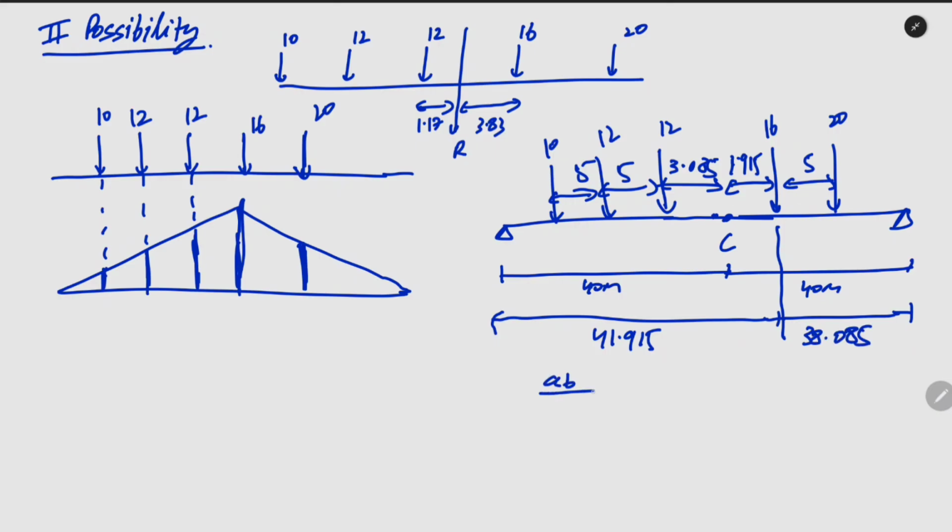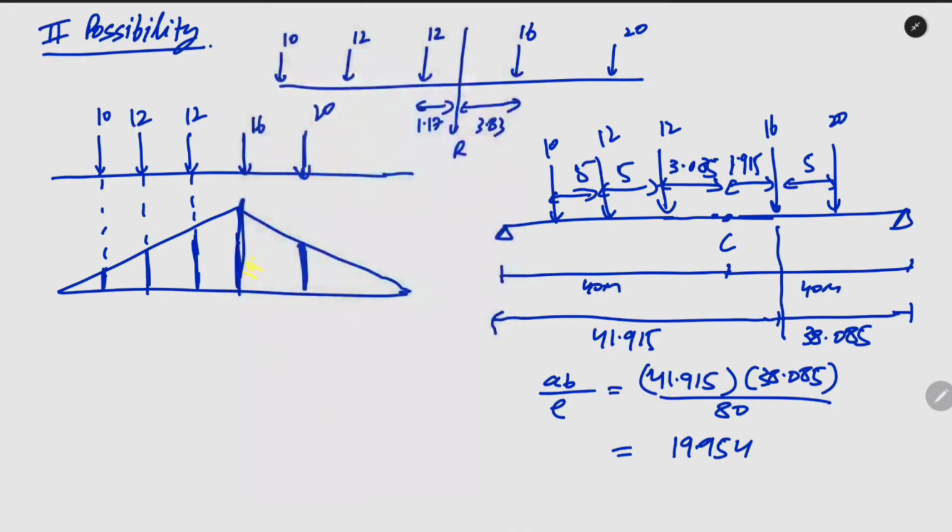So now A times B by L, it will be 41.915 times 38.085 by L, that is 80, and it will be 19.954. So this ordinate will be 19.954.